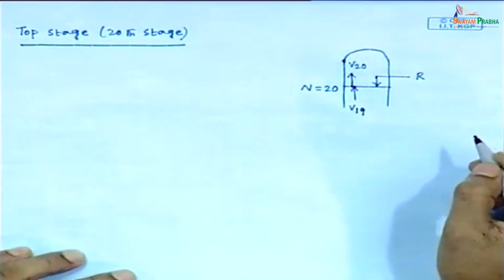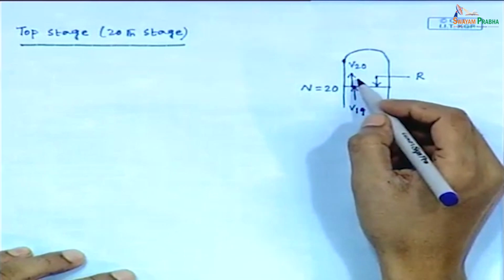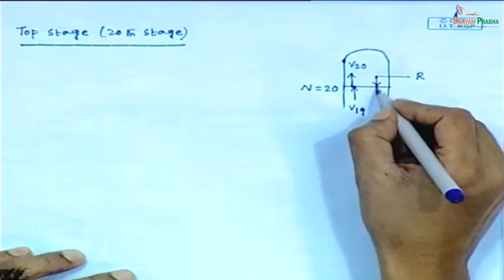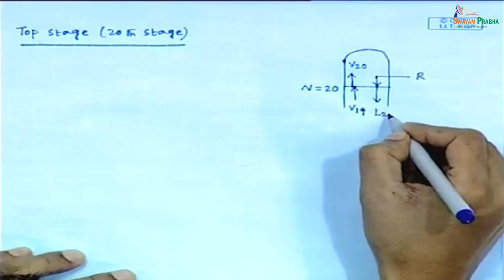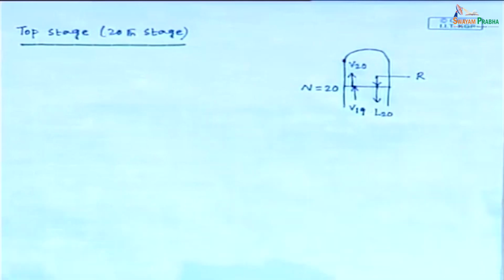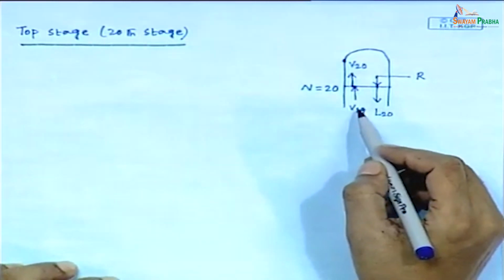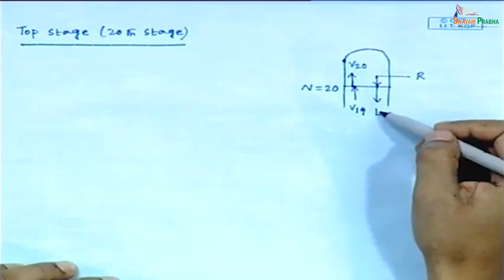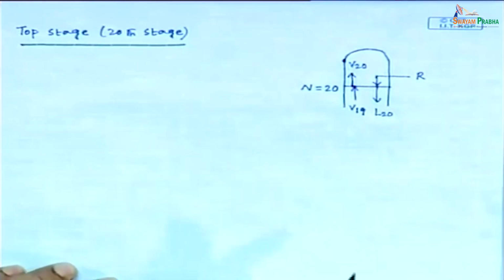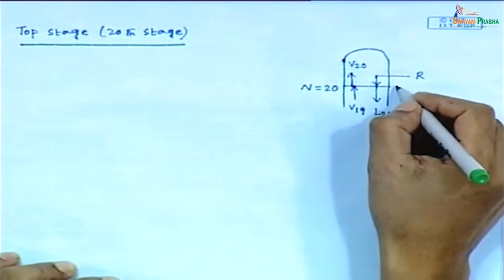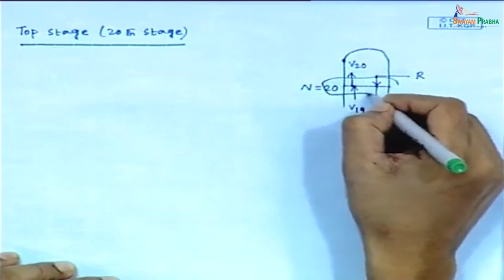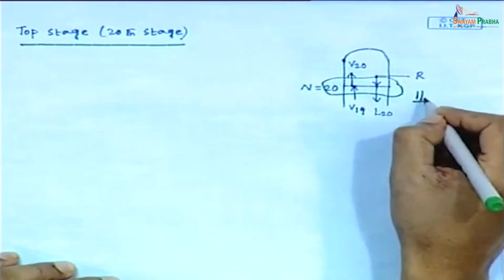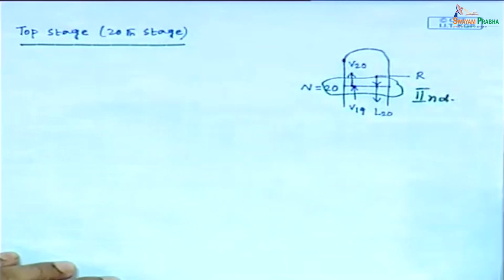Outgoing streams, one we have already drawn, that is V20, another one will be L20. So, incoming streams are V19 and R, outgoing streams are L20 and V20. Fine. So, this is the second envelope.